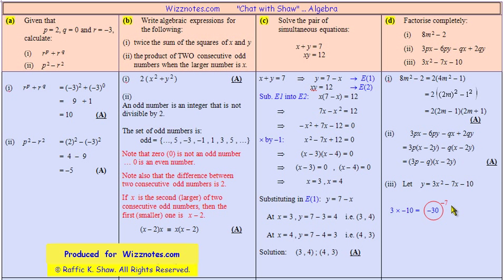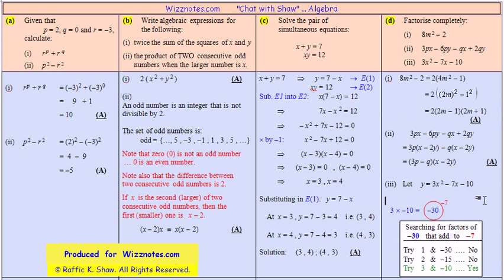And if we cannot identify those factors of negative 30 that add to negative 7 right away, we do it step by step. And I'm going to just show you what we would do if we were doing it step by step. So we are searching for factors of negative 30 that add to negative 7.